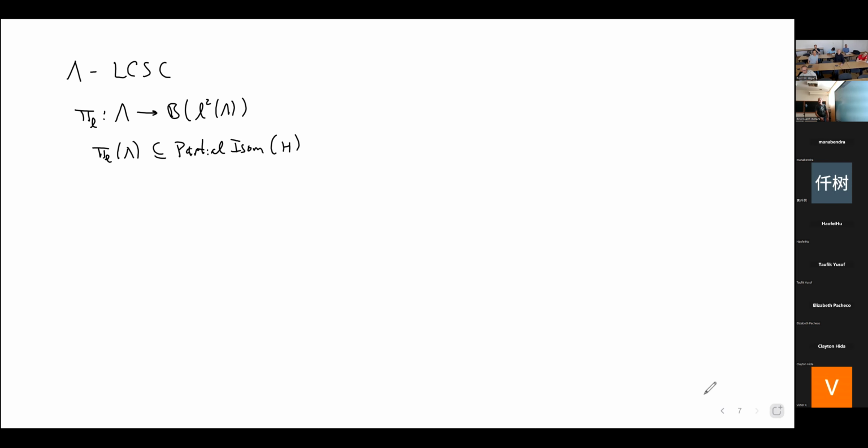That's the same proof that we gave for isometries in a left cancellative monoid, except that now the domain is not the whole Hilbert space, it's only a subspace.